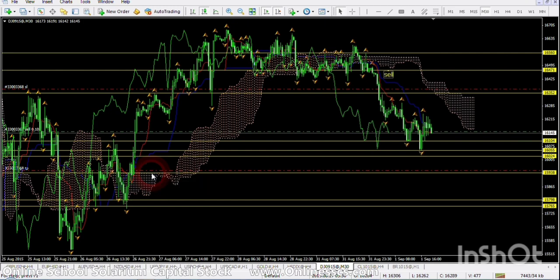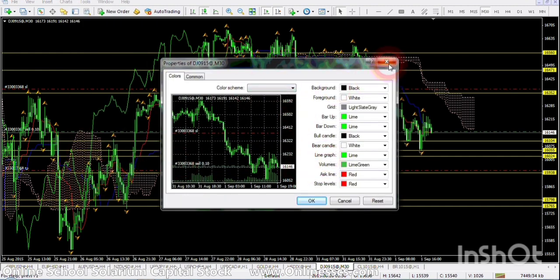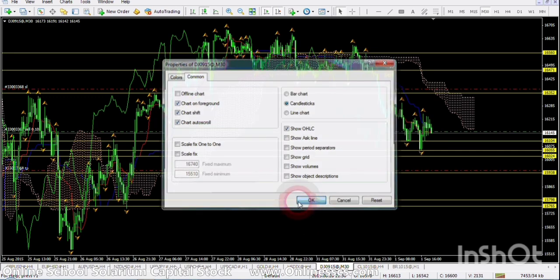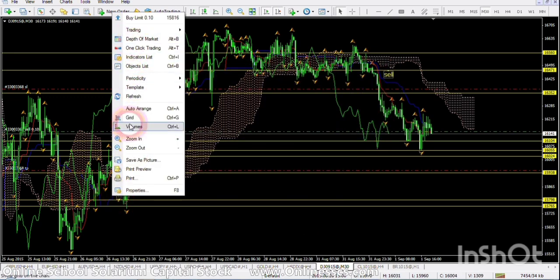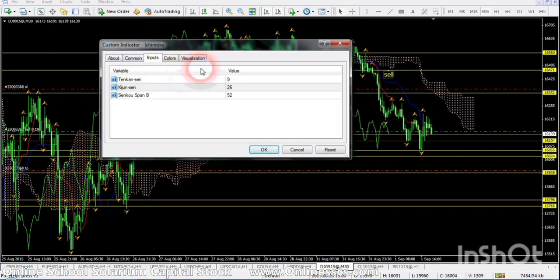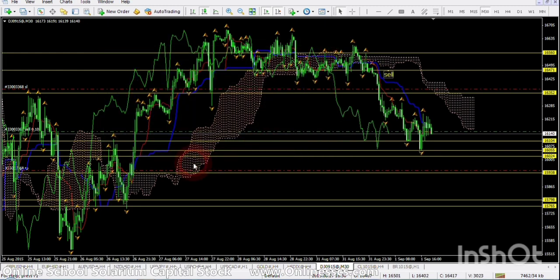And if it breaks, I have a comeback until here. You see, there was both the Kijunsen flat and the cloud's flat. If these two flat lines are in the same direction, it means the pivot is really powerful. So when Kijunsen shapes a flat line, and my cloud is also a flat line, and they're in the same direction.